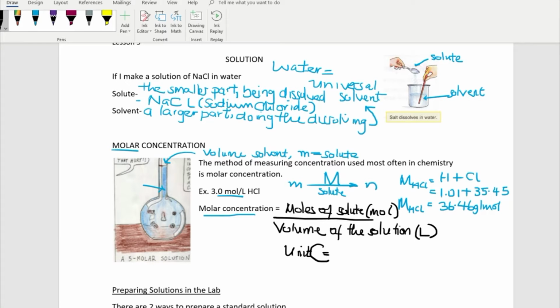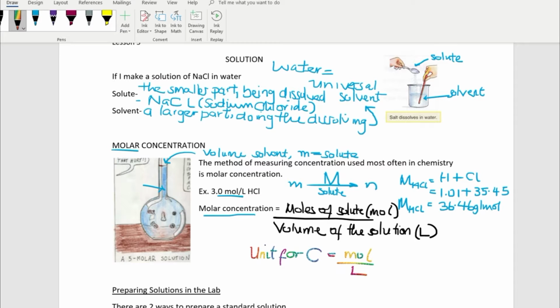Let me erase this and make this cleaner. So the unit for the concentration is equal to mole per liter.